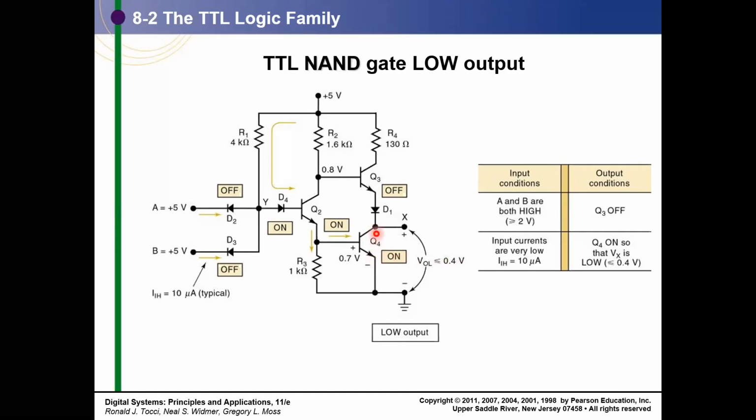For a typical BJT transistor, VCE in conducting mode is typically 0.2. You see 0.4 because this is the standard spec given in the data sheet, that VOL does not rise beyond 0.4 volt. Because if you have two transistors as I showed in the previous, then you are likely to reach 0.4. This will be around 0.2.